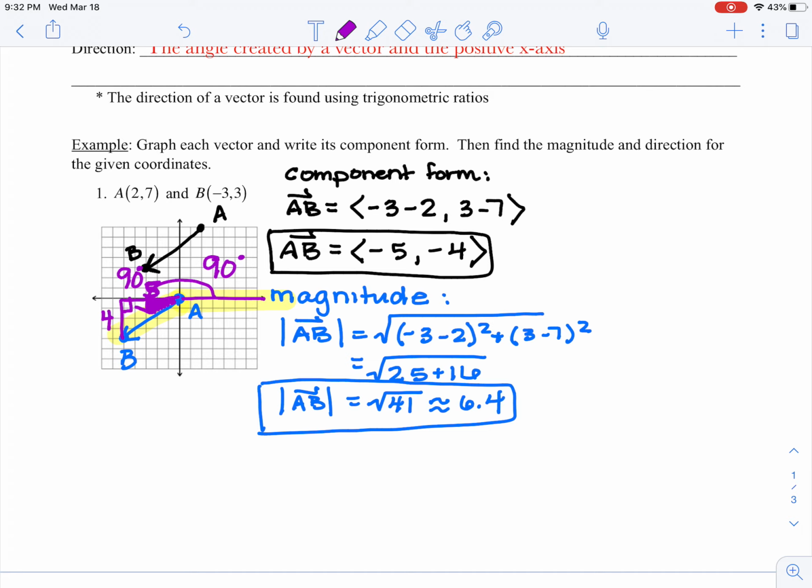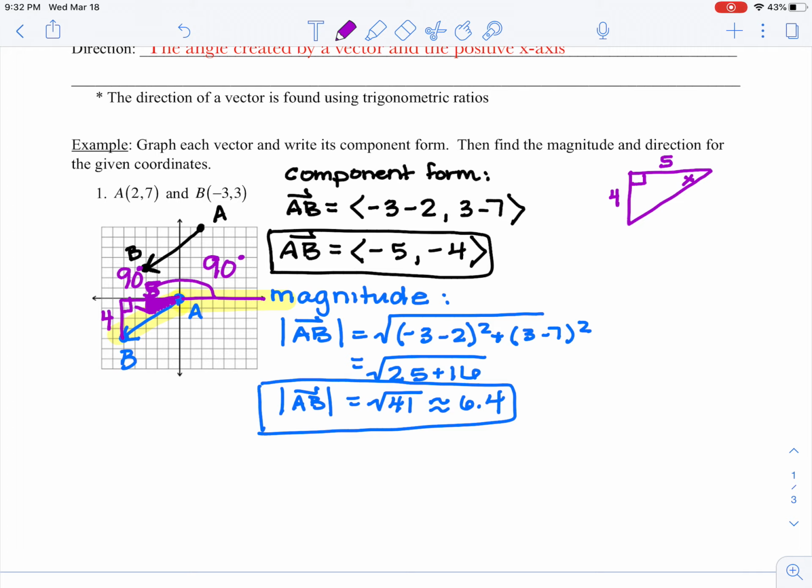I'm going to redraw that triangle just so that you can see it a little bit better. So over here, I have my right triangle where the top is 5 units, the left side is 4 units, and the angle that we're looking for I'll call x.